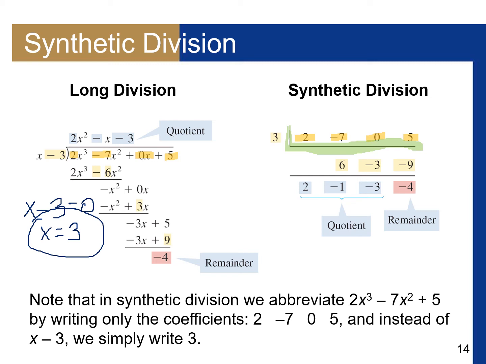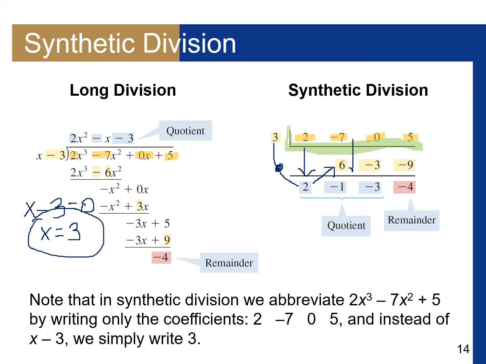Now, the first thing that I do is bring this first term down. Then I'm going to multiply these two together. And when I multiply these two together, I'm going to put a little dot here, to remind you that we multiplied. Then I'm going to put that product right here. 6. Now I just add straight down.